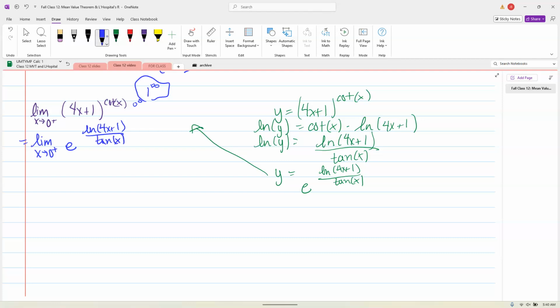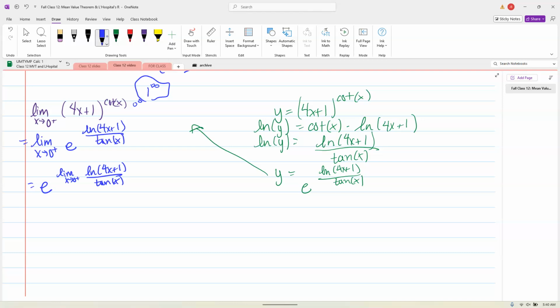Okay, and now remember we had a limit rule about continuous functions, and you can move the limit inside continuous functions, and that's exactly what I'm going to do. So I'm going to say this is e to the limit as x goes to 0 from the right of natural log of 4x plus 1 over tangent of x, and then it is just like any other L'Hopital's problem.